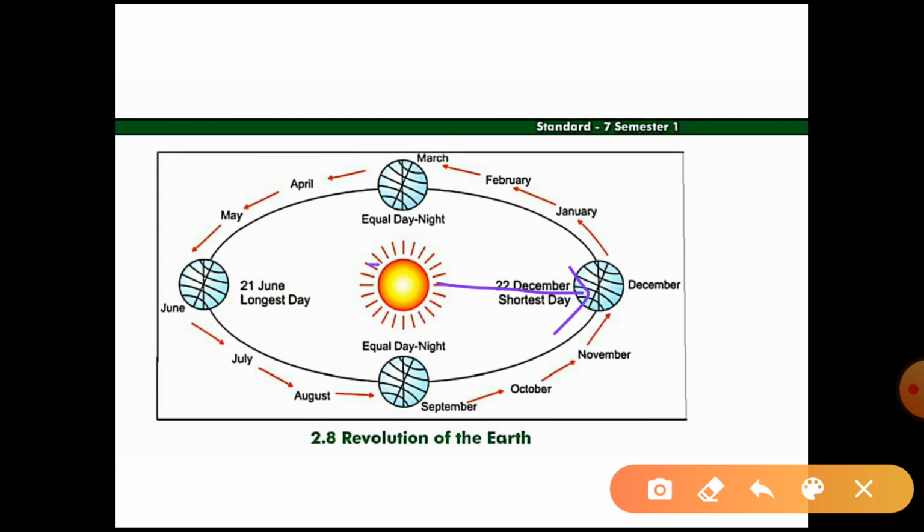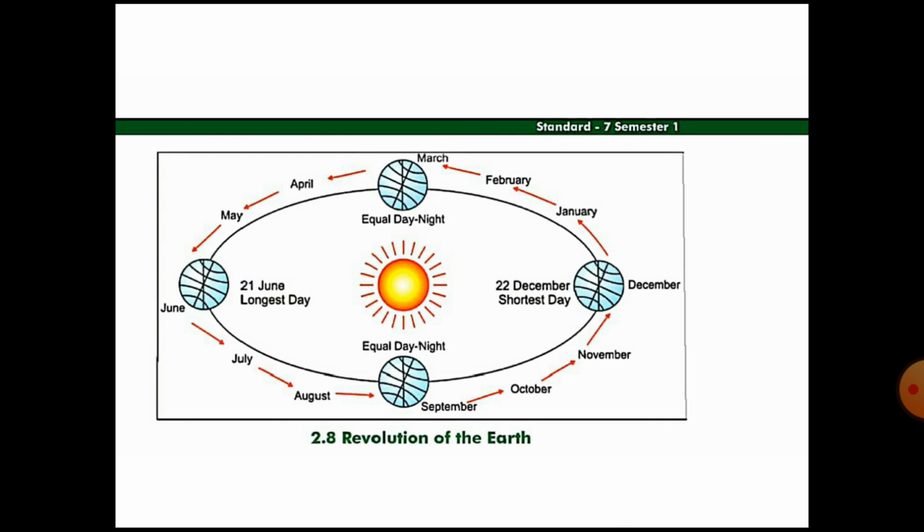Same way here in the northern hemisphere at the Tropic of Cancer, the sun rays fall directly. So because of that, the place of the earth or hemisphere which is receiving the straight sunlight has the longest day.